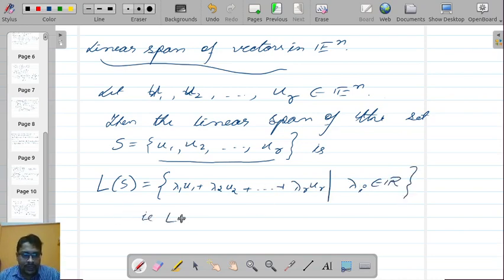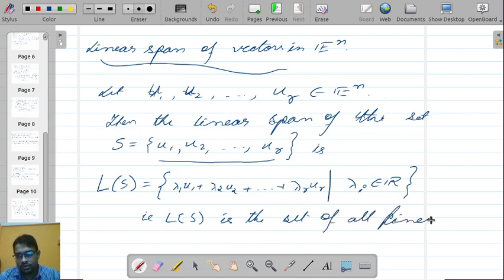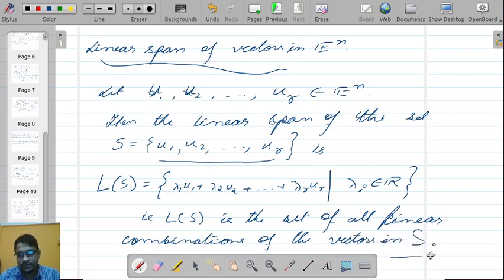That is, LS, the linear span of this, is the set of all possible linear combinations of the vectors in S. This is called linear span. So LS is the set of all linear combinations of the vectors in S.